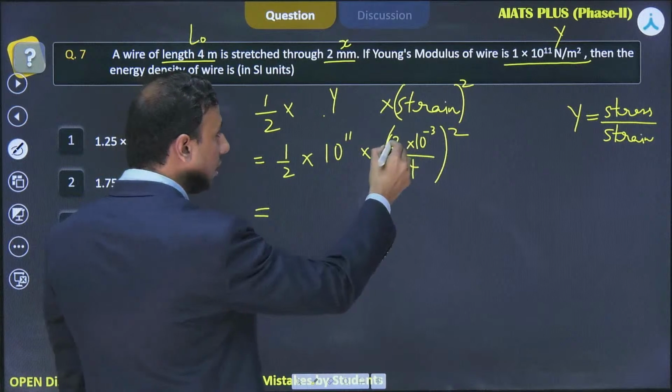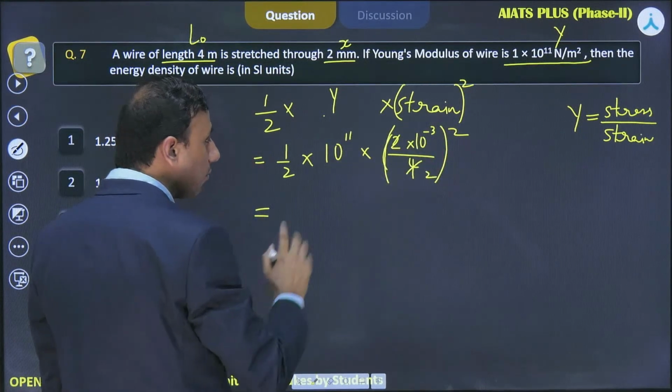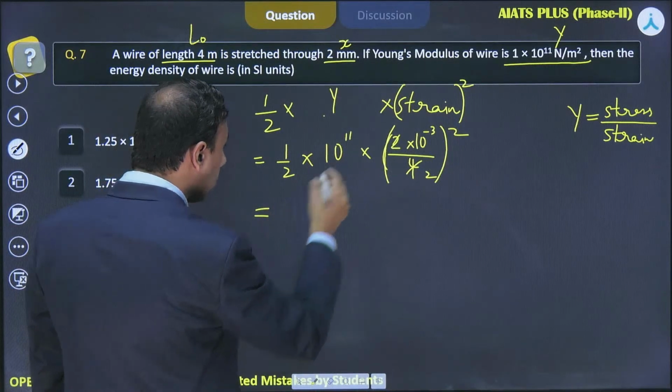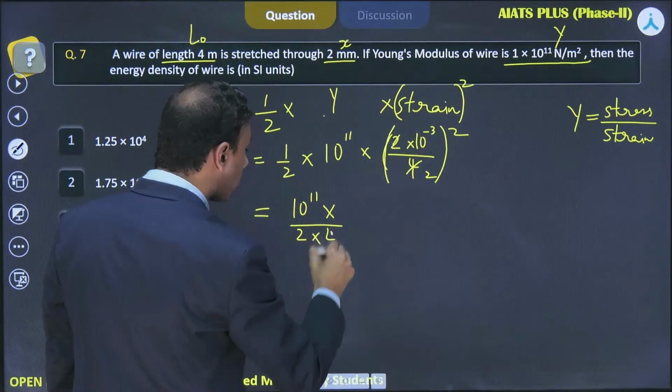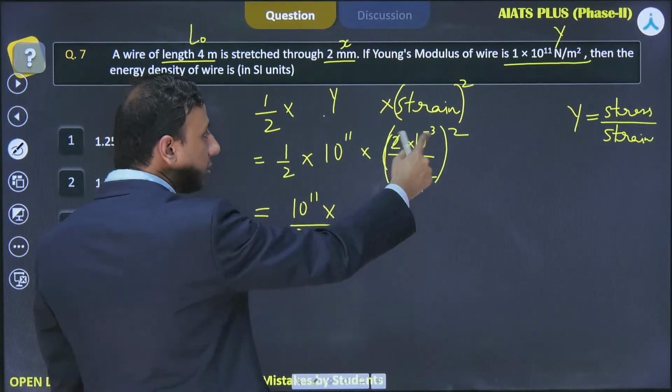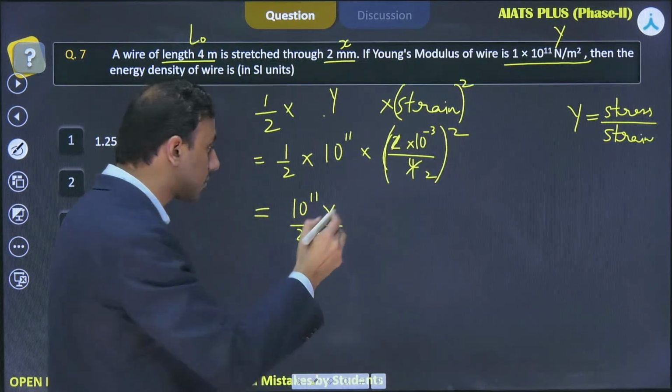Just do simple multiplication. So what does this become? 2 and 4 get cancelled, it becomes 2. Then 2 square will become 4. And this is 10 power 11. So 10 power 11 multiplied by 2 into 4, 10 power minus 3, and 10 power minus 3 whole square is 10 power minus 6.